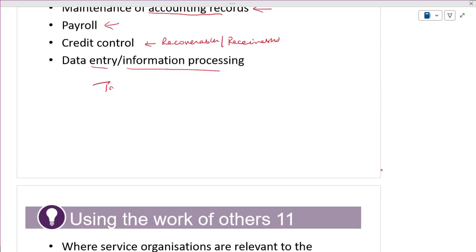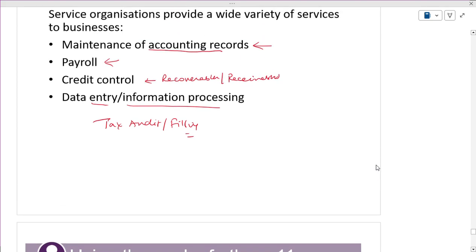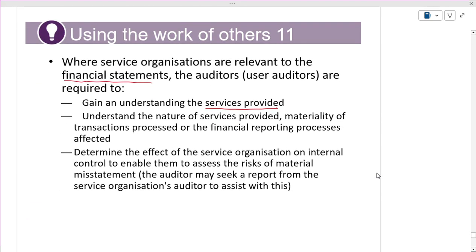The most happening thing is people are talking in terms of tax audit or tax filing, with lot of things with respect to tax audit and tax filing also. Understand the nature of the service provided and the materiality of the transactions.